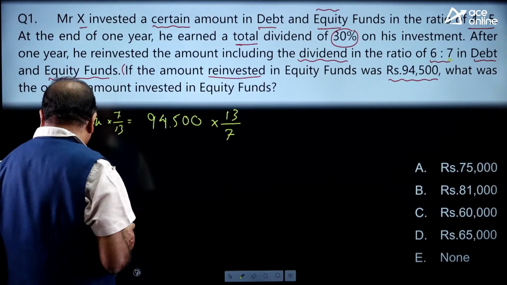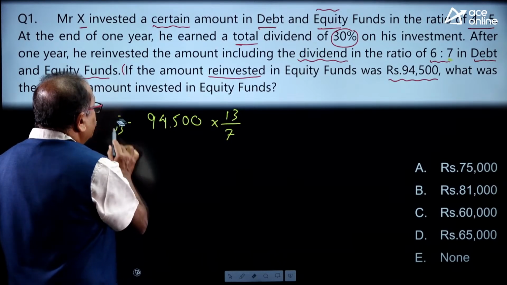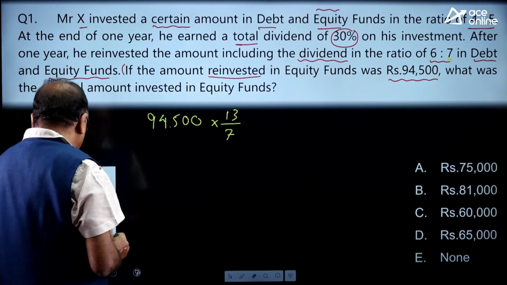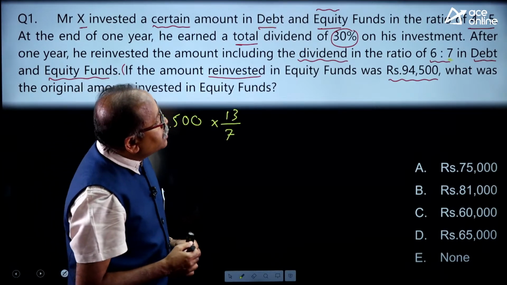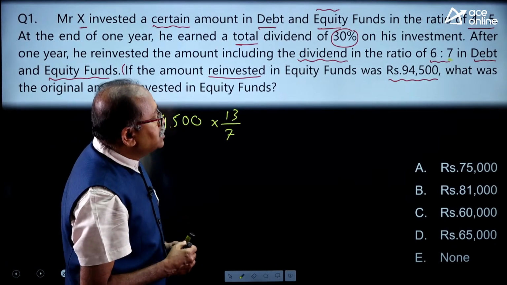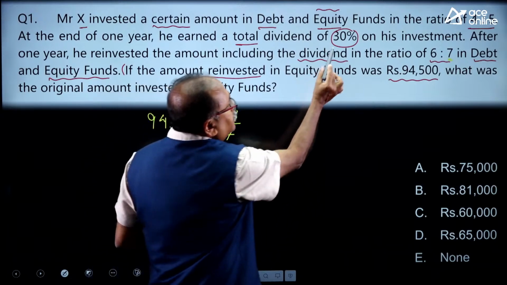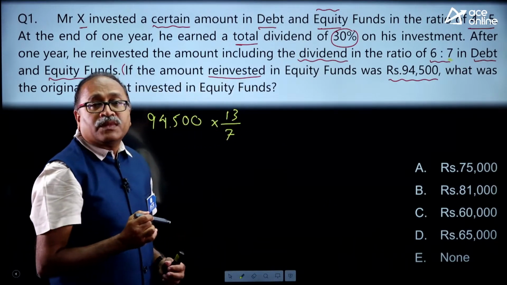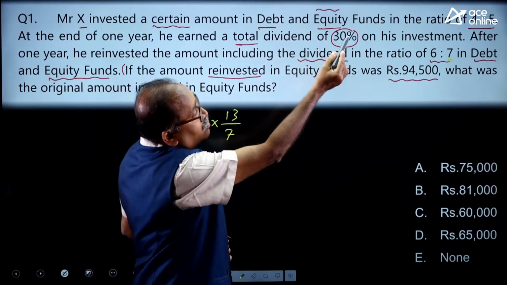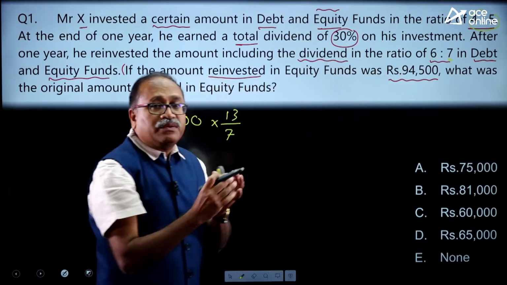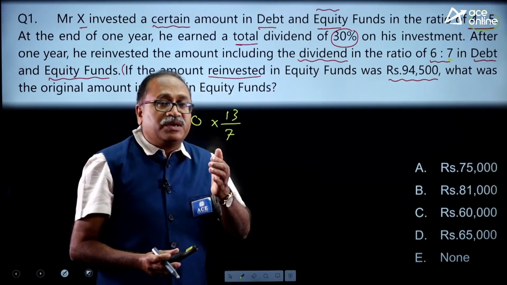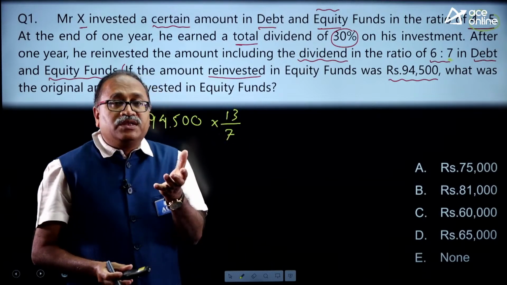So from here onwards, you probably understand that this is 130% of 9x. So once again, if I have to move on to the previous figure, this is 130% because he got a dividend of 30%. So this value is 130%.